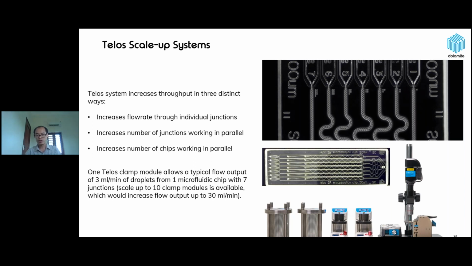Scaling up to 10 clamp modules increases the flow output up to 30 ml per minute, which means the system can have a production rate of up to a ton per month.